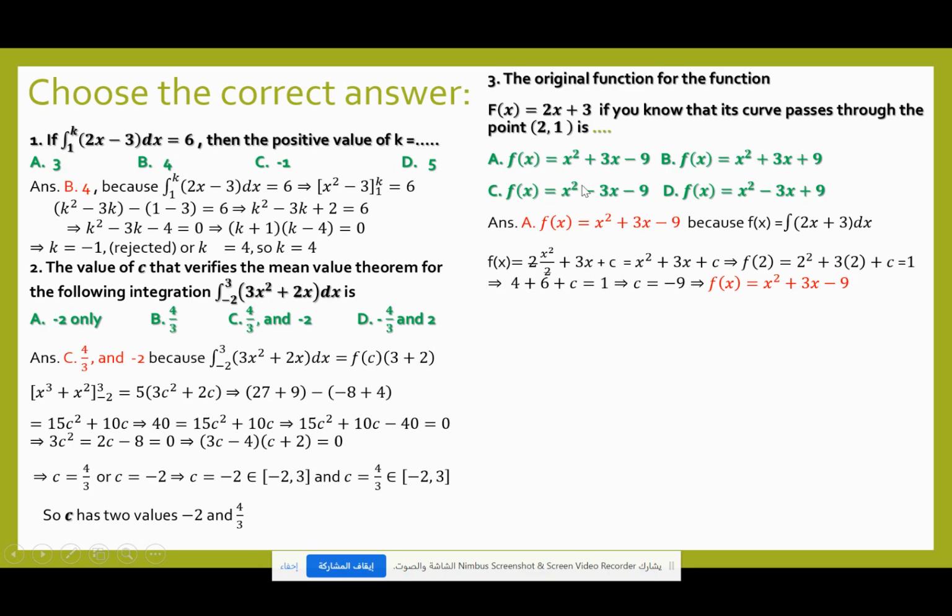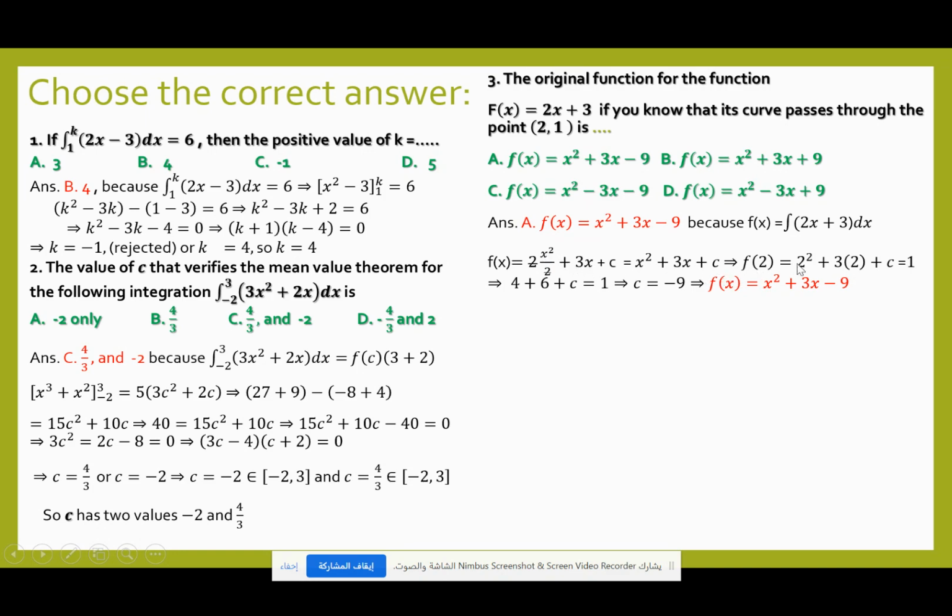To know how much c is, you need to replace x by 2 and f of 2 by 1, which is the value of y. So 1 replaces y, and 2 replaces x.